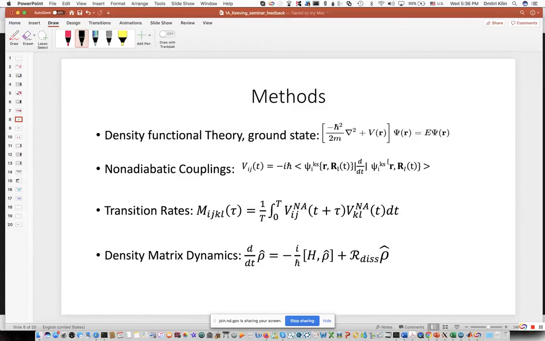Okay, all right. So these are the various methods and equations that I used to study my doped nanowires. The first method I used was density functional theory. We all know that in quantum mechanics, we use the wave function to study our system and to calculate expectation values. Here it's slightly different.